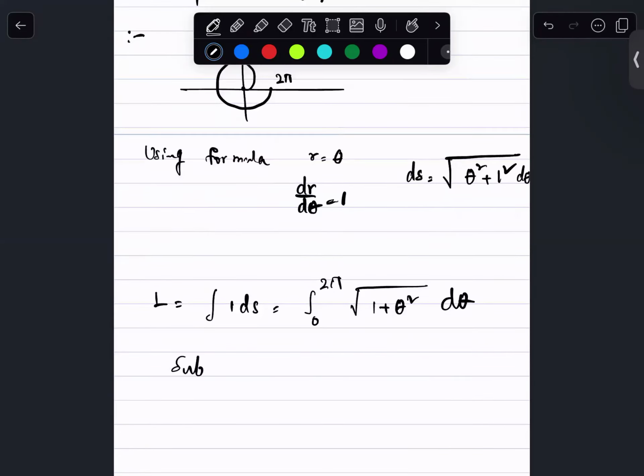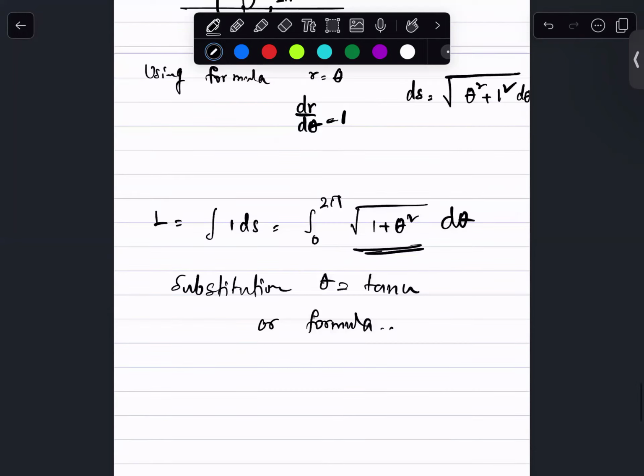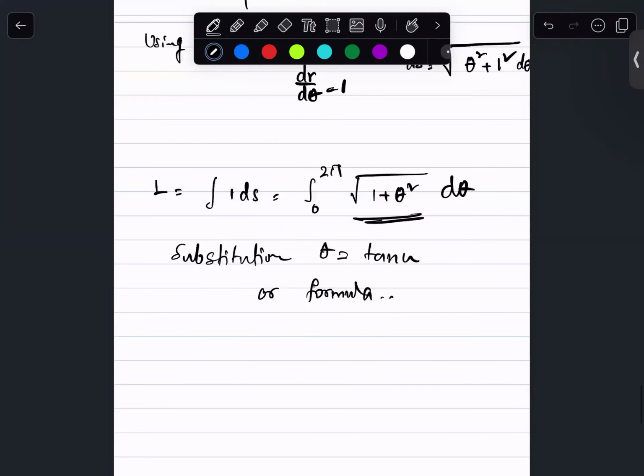Now, to evaluate this integral, you might recall that we have to use either substitution, theta equals tan u, or there's a straightforward formula to evaluate this sort of integral. So I'll use the formula rather to evaluate it.